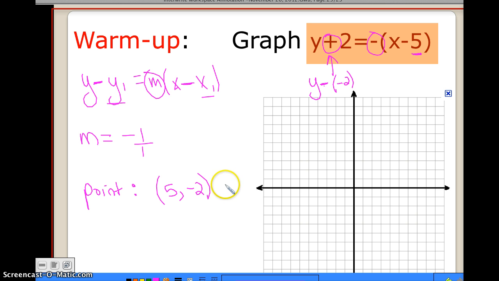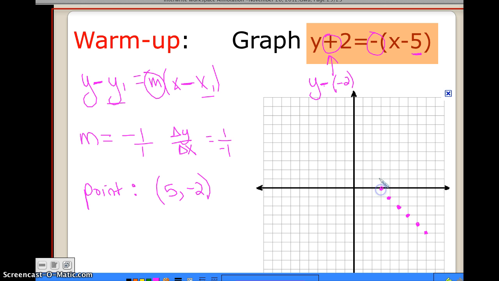So you're going to start and plot the point 5, negative 2. It's 1, 2, 3, 4, 5, and then negative 2 would be right here. And then work your slope. Don't forget, slope is the change in y over the change in x, rise over run. So negative 1 means I'm going to go down 1, positive 1 to the right, down to the right, down to the right, which is the same thing as going up to the left because it's equal to positive 1 over a negative 1.